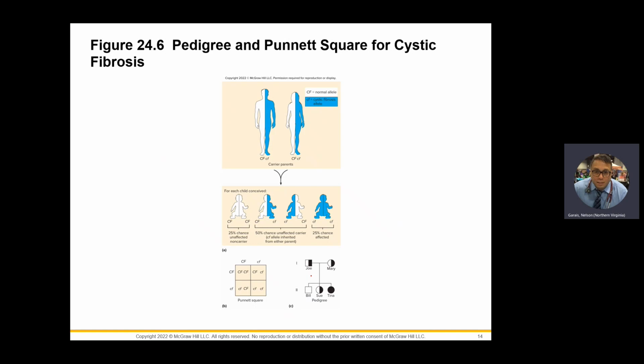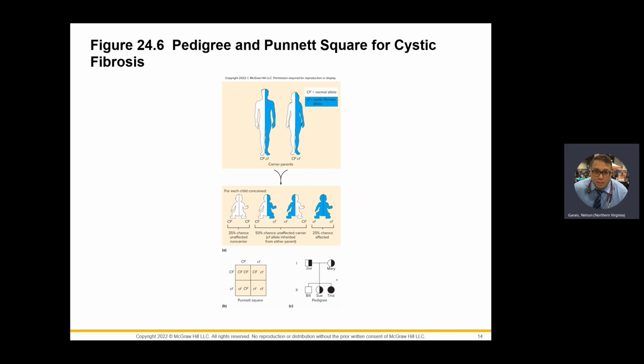If they're colored halfway, that means they're heterozygous. That means, for cystic fibrosis and albinism, they're carriers. And carriers are perfectly normal. So Joe and Mary, they're okay. And for each child, there's a chance of what? 25% being perfectly normal, 50% being carriers, and 25% being affected.